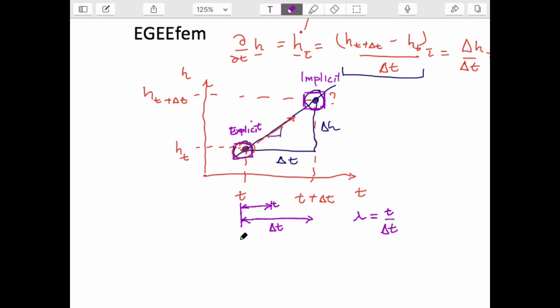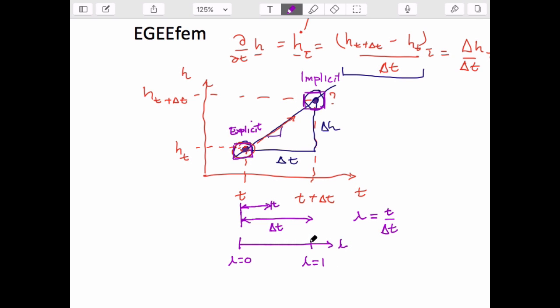And so in other words, you could think of this as a graph between these two places where we plot this value lambda, and at this point lambda equals 1, and at this point lambda equals 0. That's just by definition. So if t is 0 at this point, divided by whatever this separation is, it's still 0. If t is equal to delta t at this point, then by definition lambda is equal to 1.